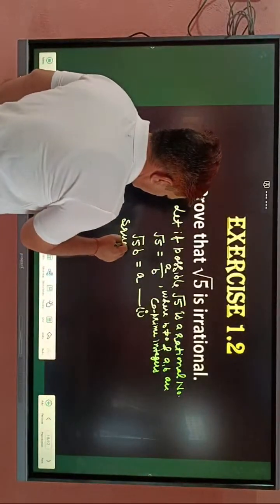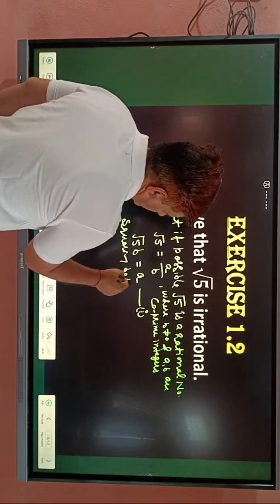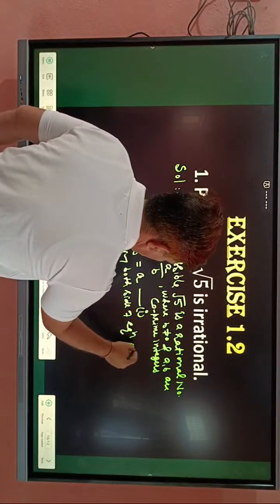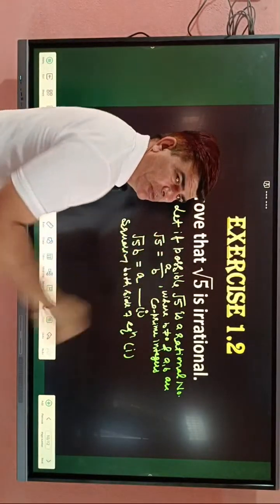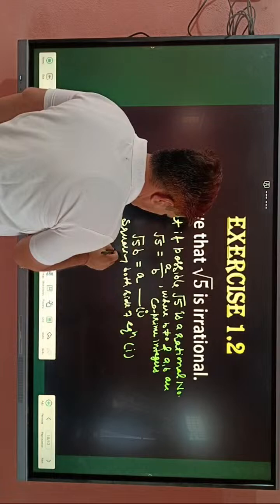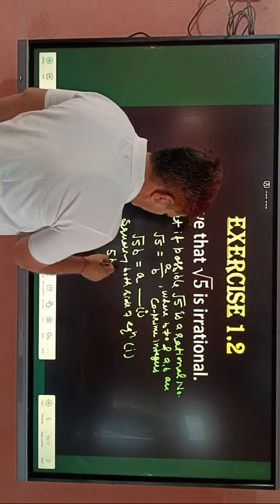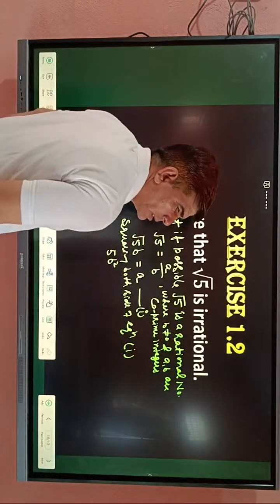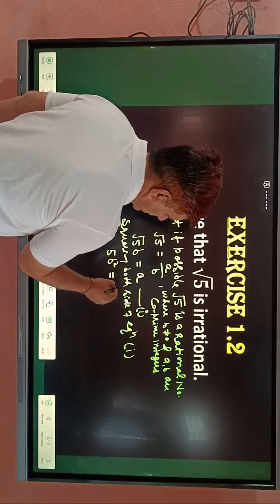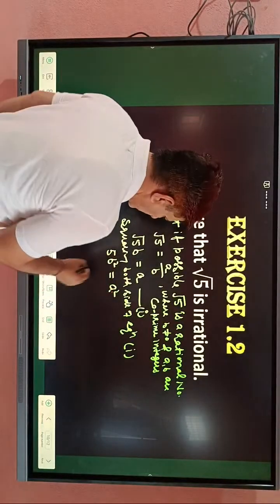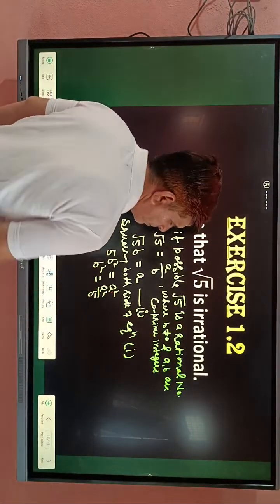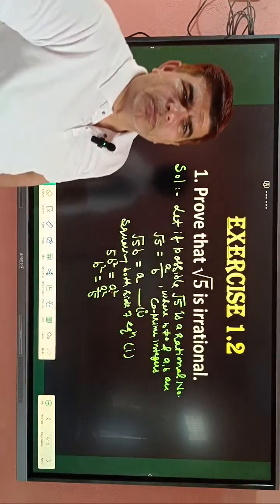Squaring both sides of equation first. What's its square? Under root 5 square is equal to 5, so 5 b square is equal to a square. This is equation second.